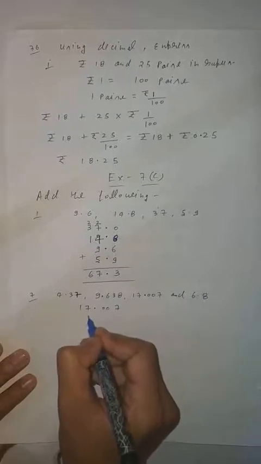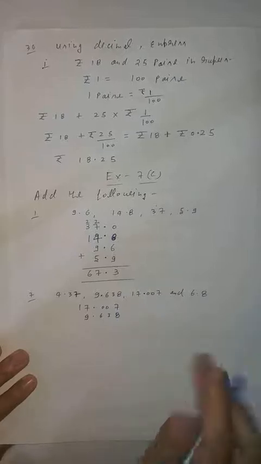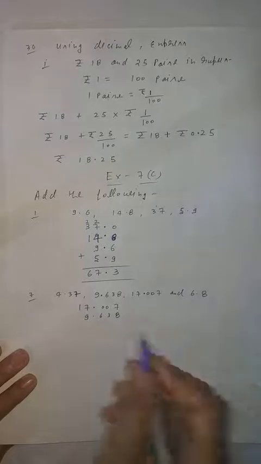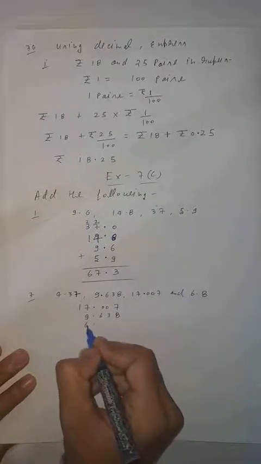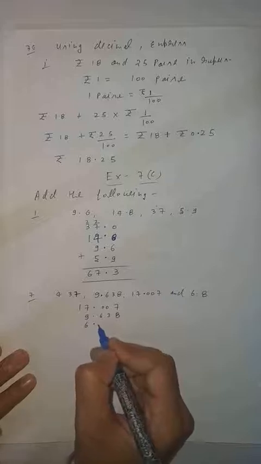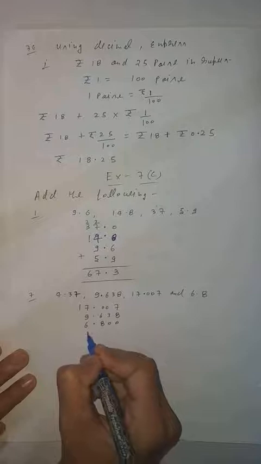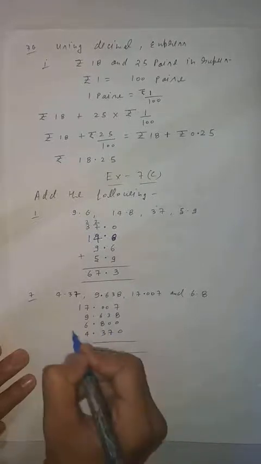After this 9.638. Okay. Then after this one is greater, and after decimal 1 digit, so what you have to do? You have to increase 2 0 because after decimal there should be 3 digit. So write down 6.820. Again you can write down 4.37 and 1 extra 0 because you have to convert in like decimal.